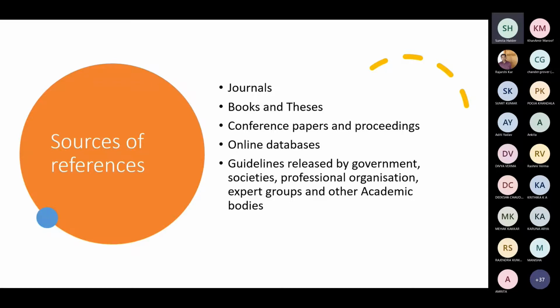Conference proceedings, papers, online databases, very important nowadays, and guidelines released by the government, societies, professional organizations, expert groups, and other academic bodies. They are all accepted as sources of reference. You can cite them all as your reference, but in a respective format. Each has a respective format.